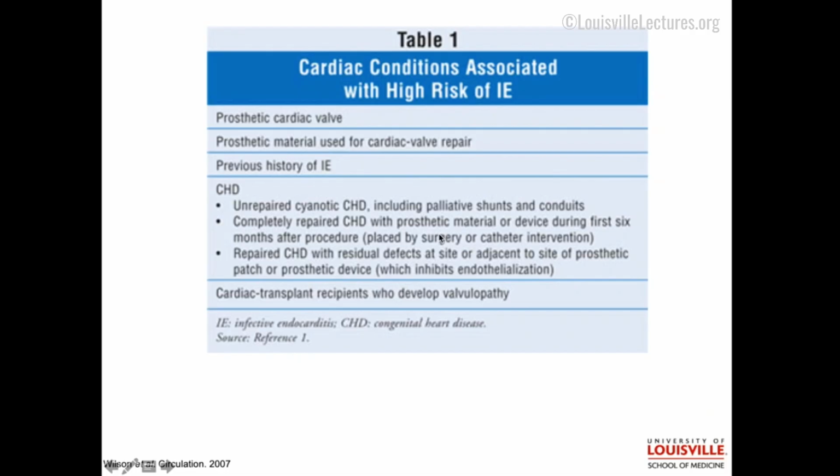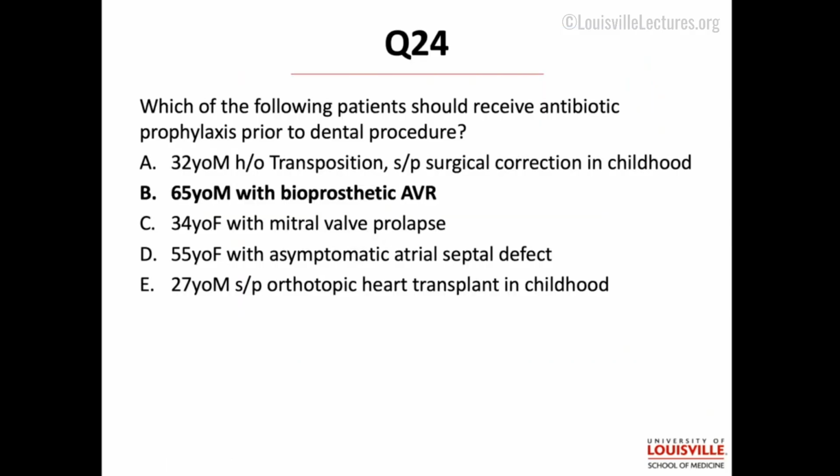Or if they have prosthetic material. And then finally, repaired disease, but if you have residual defects right next to a patch or a device. So those are a little bit tricky to know, but in this case, it was very clear that this guy with a bioprosthetic or prosthetic valve needs the surgical prophylaxis.